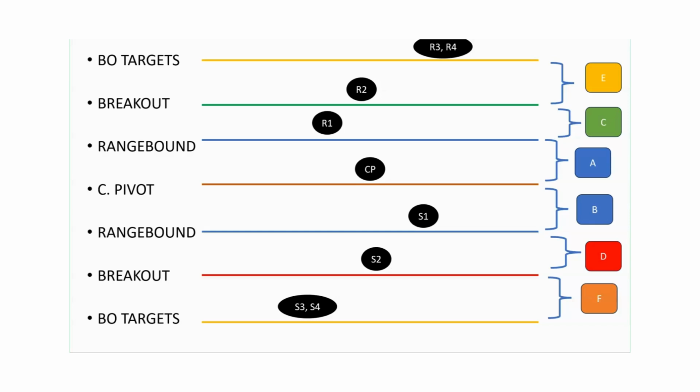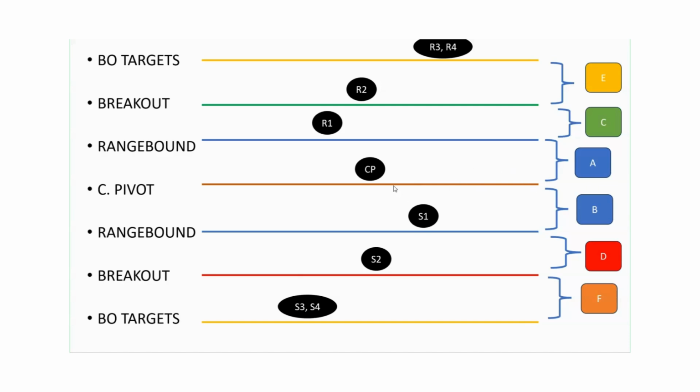Suppose previous day Bank Nifty made a high of this much, it made a low of this much, it opened at this price and it closed at that price, and then it makes a pivot point for the next day to follow. The pivot point will be the point around which the price movement will be.